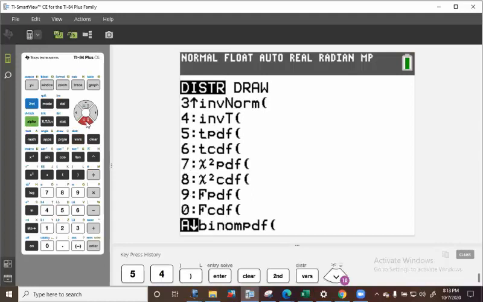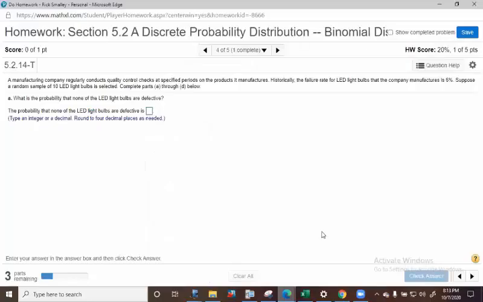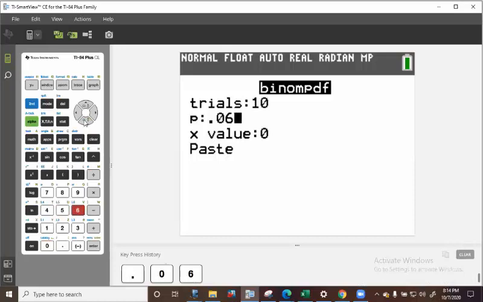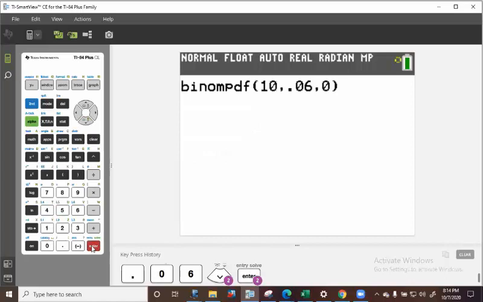Okay, I've already forgotten the numbers again. So it's 10 and 0.06, and then there was none. None means, of course, selecting 0. I already have the 0 there, so we can leave it. 10, 0.06. The 0 is already there. So 5386.